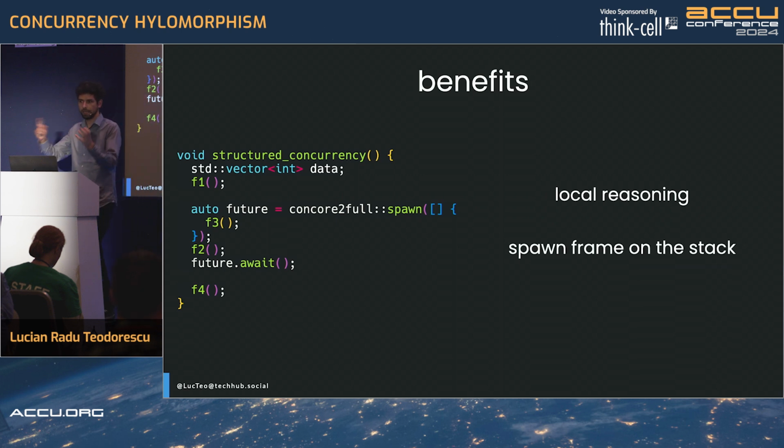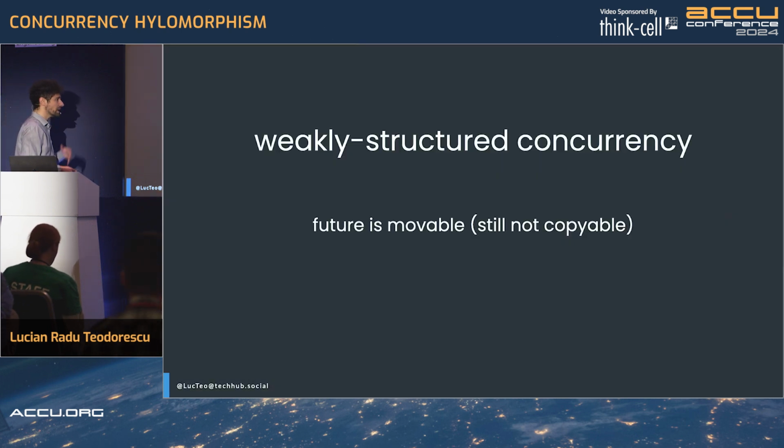In order to make spawn work, you have to have some kind of a spawn frame. And because you know you always have a stack around, you can just put that on the stack. So you can implement this pretty nicely. But there is another type of concurrency, which is still structured, but a little bit weakly structured. And in this case, the future is movable, but still not copyable.